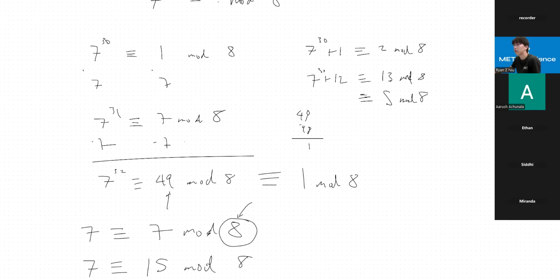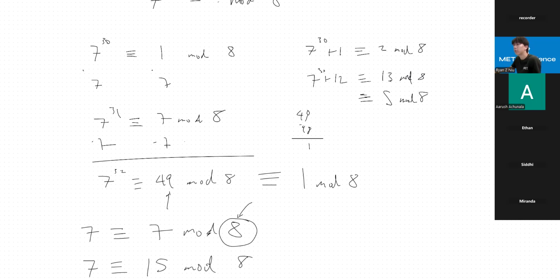If we have two equations, say 7 equals negative 1 mod 8, and 7 equals negative 1 mod 8, recall that we can combine these by multiplying them together. So what we will get is 7 squared is the same as negative 1 times negative 1, which is 1 mod 8.